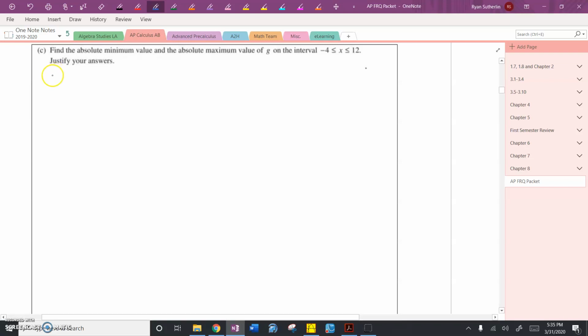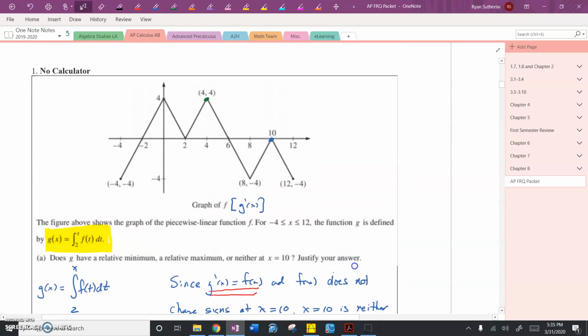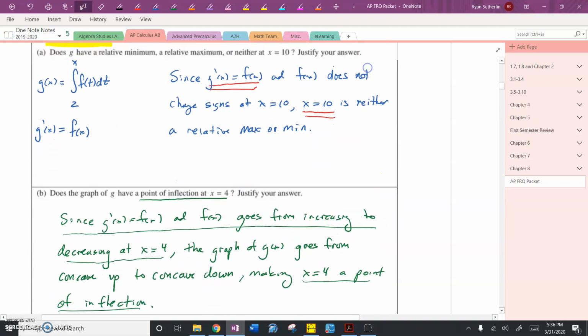So if we think g prime of x equals f of x, and that equals 0 with a sign change at x equals, so we're going to go back to the graph, and this part we are going to have to scroll back and forth a few times. We have a 0 with a sign change at -2 and 0 with a sign change at 6.